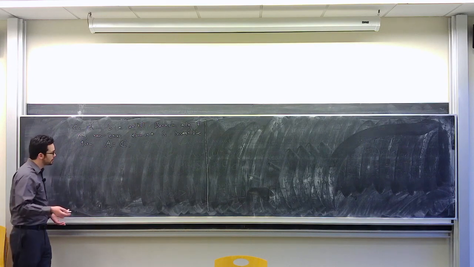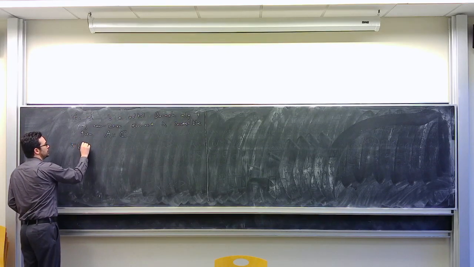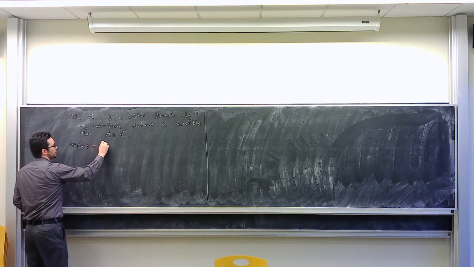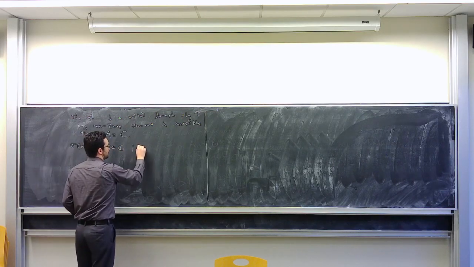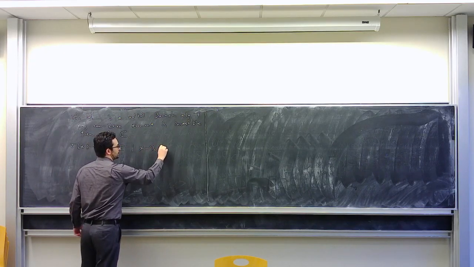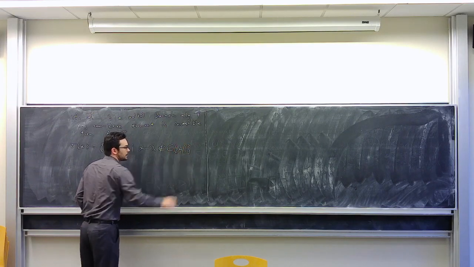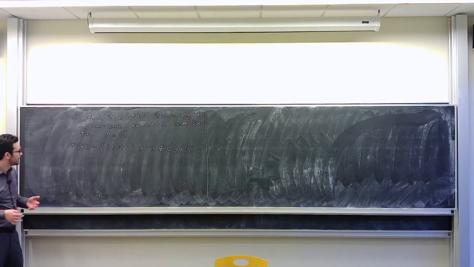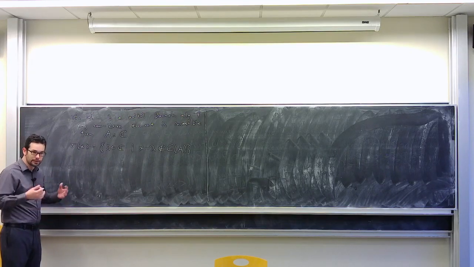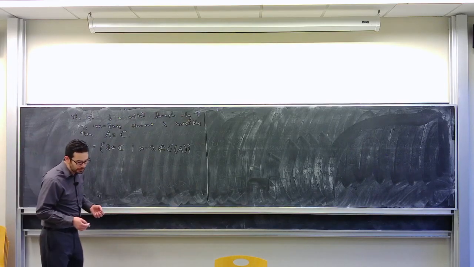Let me remind you that the spectrum of an element x was by definition the set of complex numbers lambda such that x minus lambda was not invertible. So this is a very algebraic set, and we're going to show that it's connected to the topological aspects. Mainly we're going to connect this to the norm in some way.